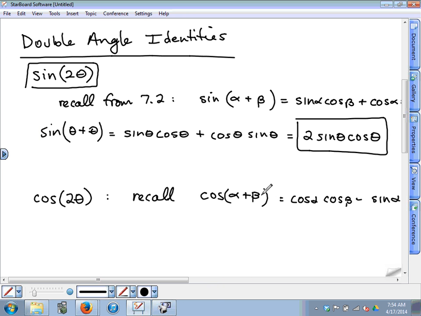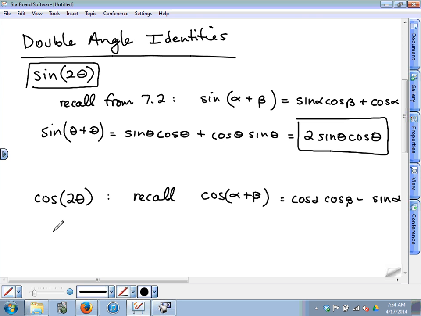And you know, it doesn't matter if the angles are different or the same. We can apply this same sum formula to this double angle. We just have to change 2 theta into cosine of theta plus theta. And now apply the same formula. Cosine of alpha plus beta, let's apply that to cosine of theta plus theta.